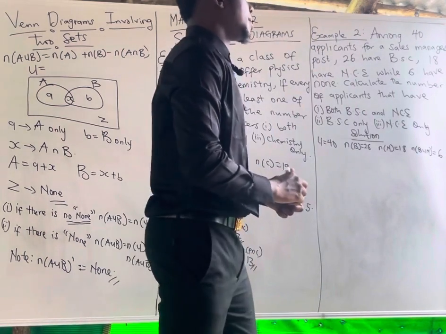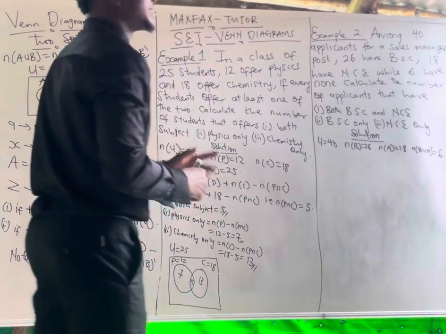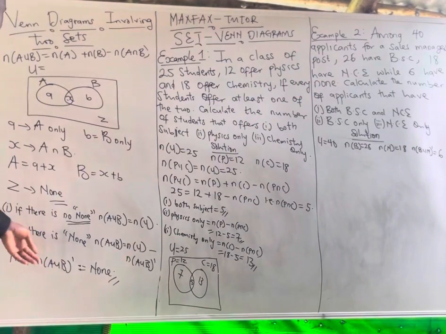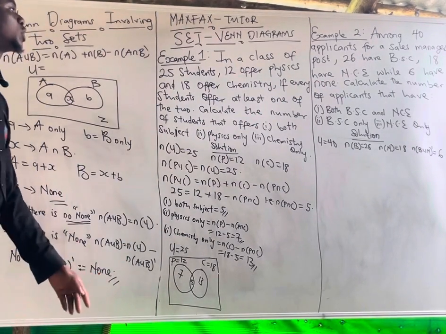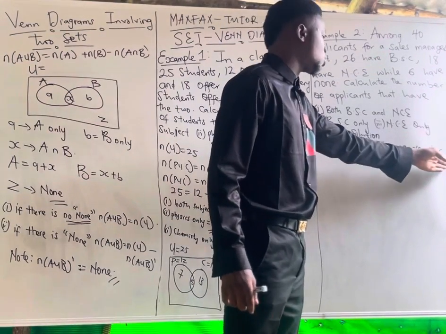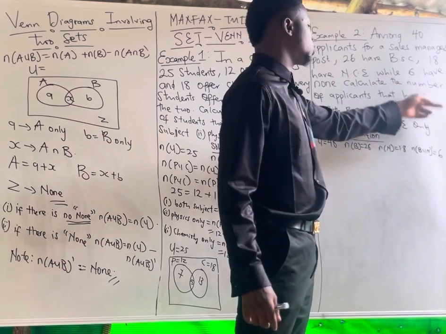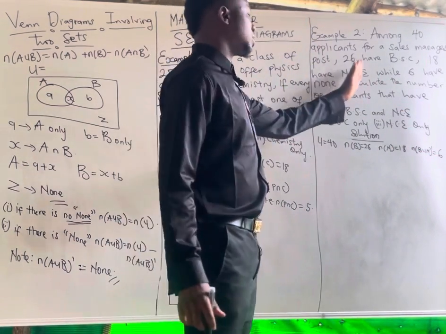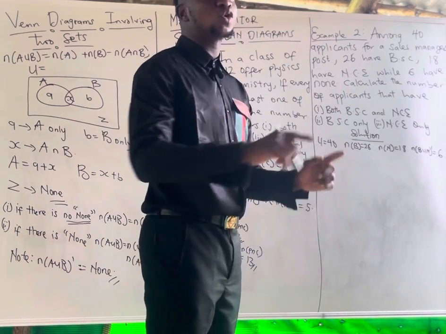Do not forget that the complement of the union of the two sets represents none. As we did here, (A union B) complement is equal to none. So since we are dealing with B and N, this simply means that (B union N) complement will be equal to none, and the value is 6. Once you've done that, you will just remember that whenever there is none, our universal set will not be equal to the union.